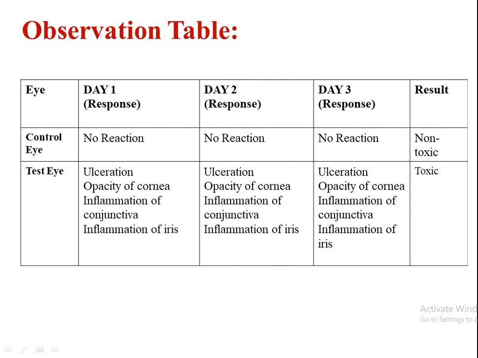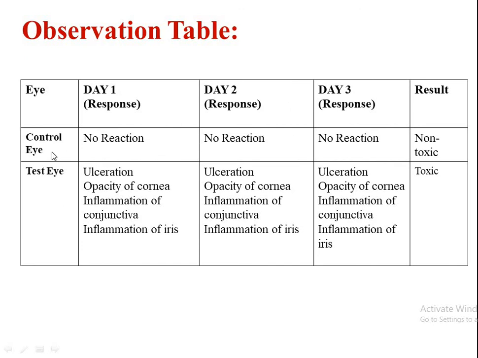Now, how will we prepare the observation table for this test? After 24 hours we are evaluating the lesions on the eye, and after 48 hours, day 2, and after 72 hours.